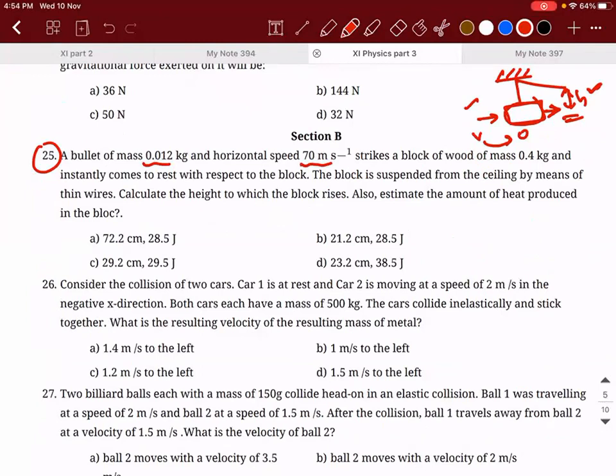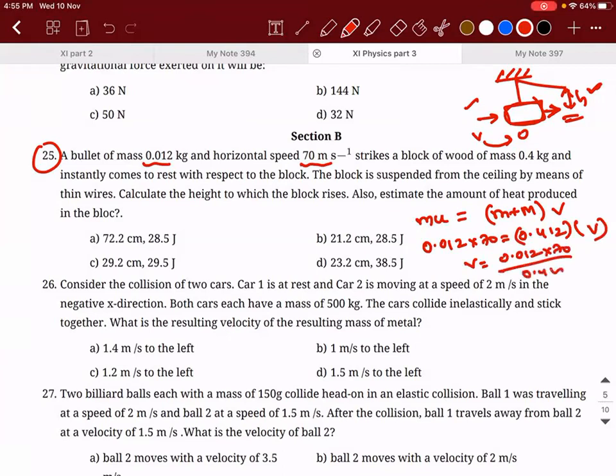So for that, we need to first apply the conservation of linear momentum. Mass of the bullet into its speed is equal to mass of the bullet plus capital M into the speed of the system. So this is 0.012 into 70 is equal to 0.012 plus 0.4, that is 0.412, into V. So V is equal to 0.012 into 70 divided by 0.412.